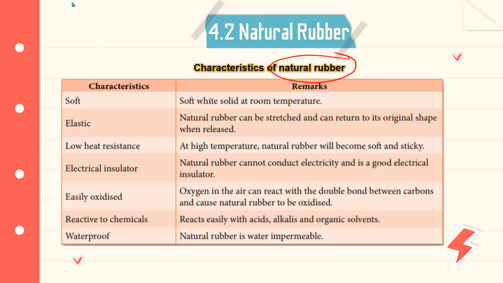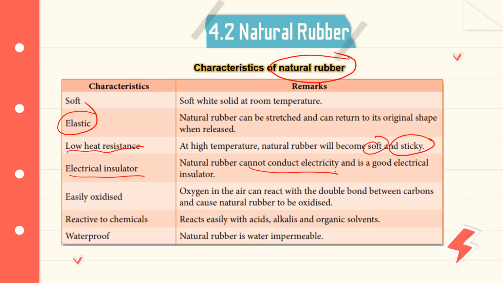Look at their characteristics. Soft, they're very soft. You don't want something that is soft. Elastic, good, not a problem here. It's got low heat resistance. That means at very high temperature, it becomes very soft and sticky. Electrical insulator, they cannot conduct electricity.